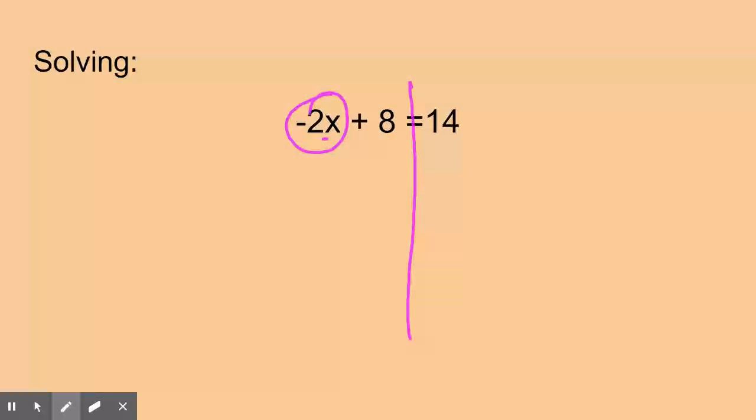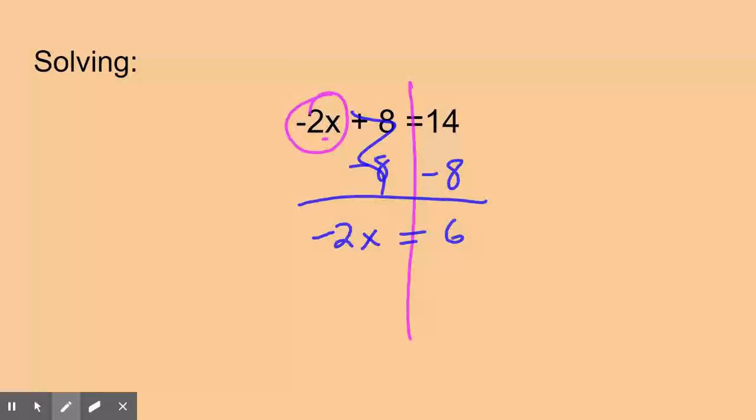Now I can move on to step 2. I want to do the inverse of what is not circled. Looking here, +8 is not circled, so the opposite or inverse would be to subtract 8. And I'm going to do this to both sides. Now on the left side, I have -2x left over, and 14 minus 8 gives me 6.